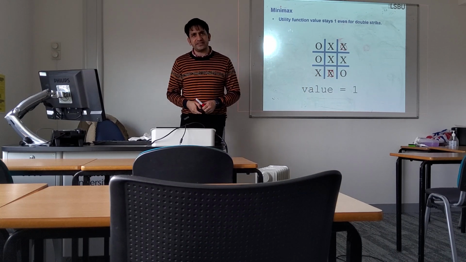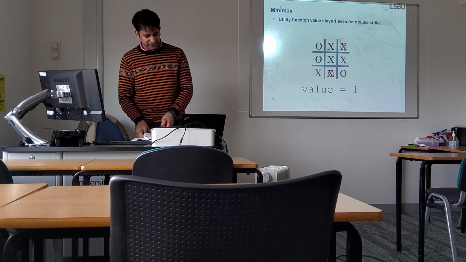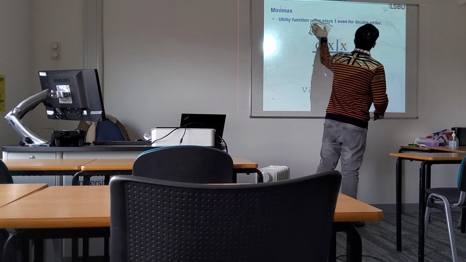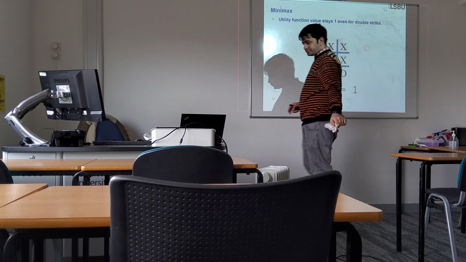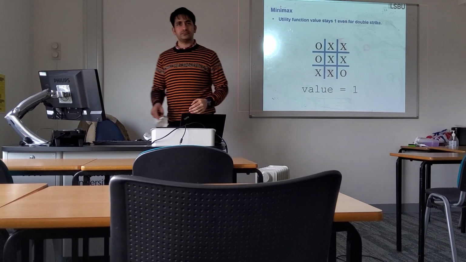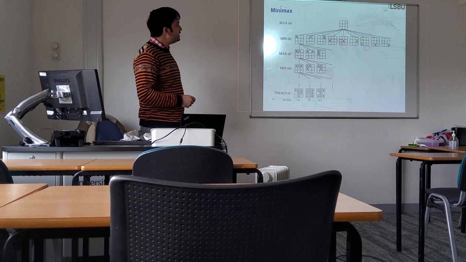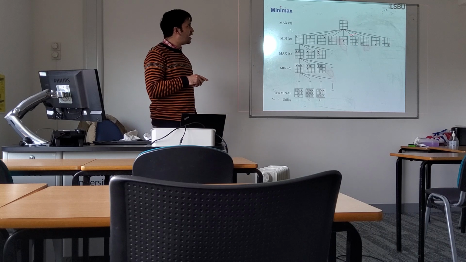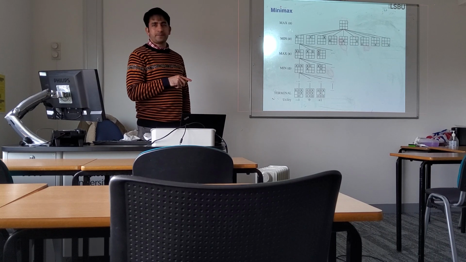Again, this is a terminal state, but the function will assign the value 0, meaning no win. So this is how we define a tic-tac-toe problem. If I summarize all the things I've just said, for a puzzle we start from an initial state.